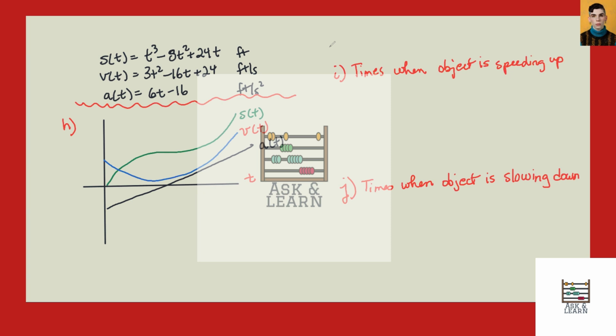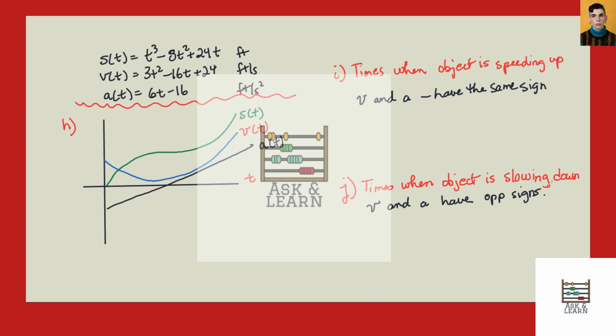The rule for objects speeding up is when velocity and acceleration have the same sign. And slowing down is when velocity and acceleration have opposite signs.